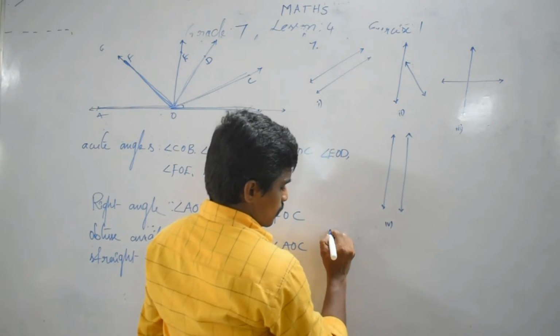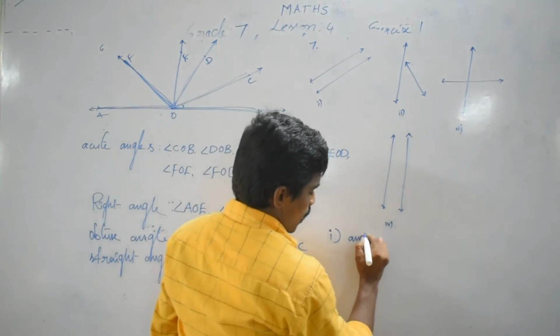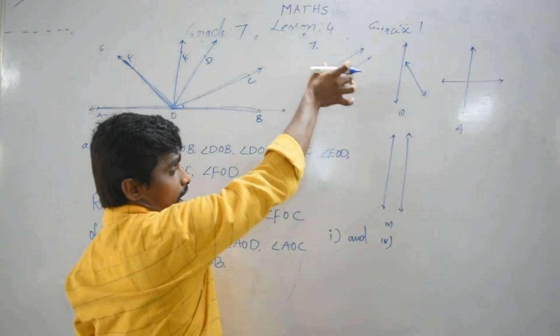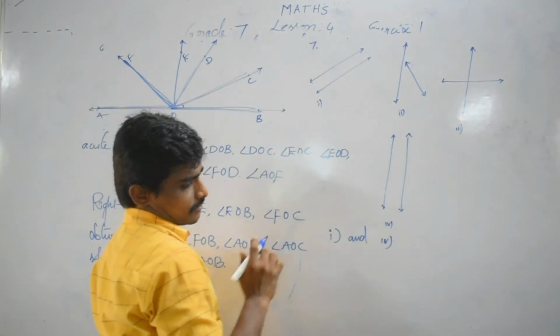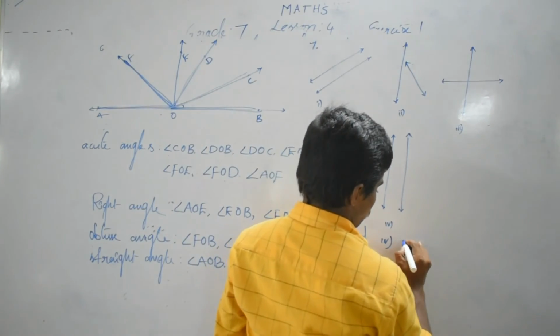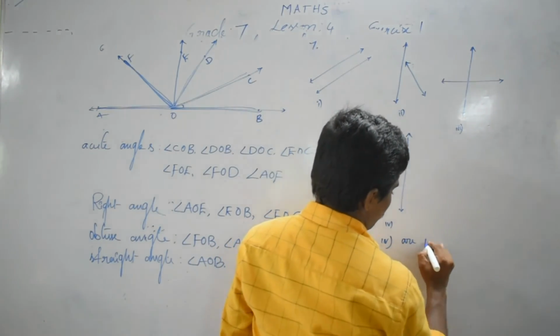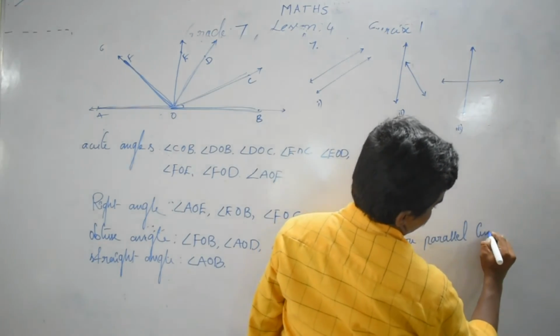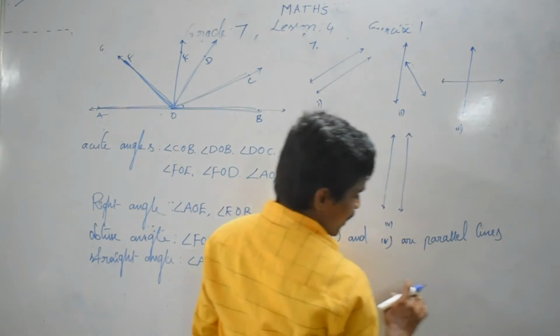So here figures 1 and 4 are parallel lines. Why?